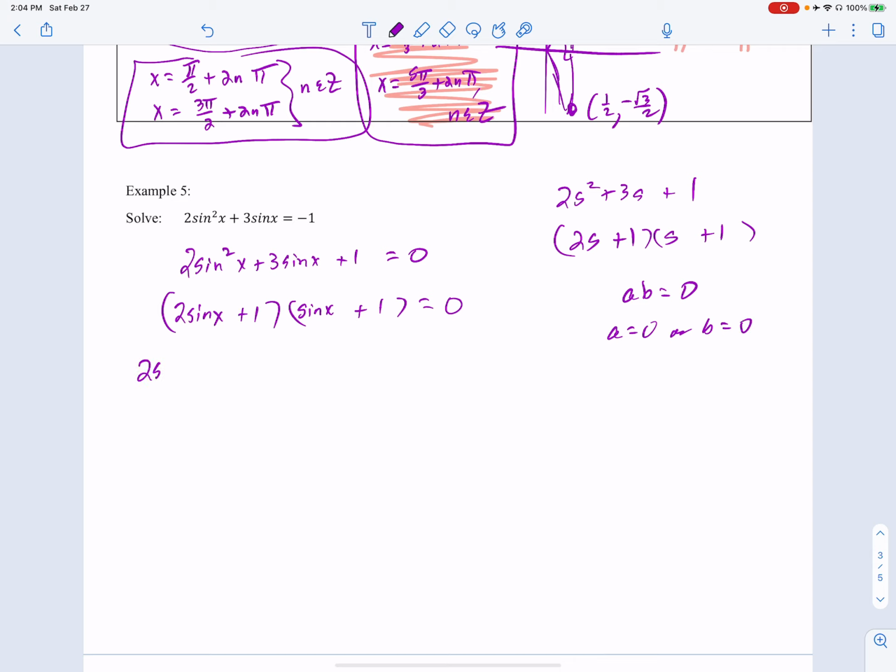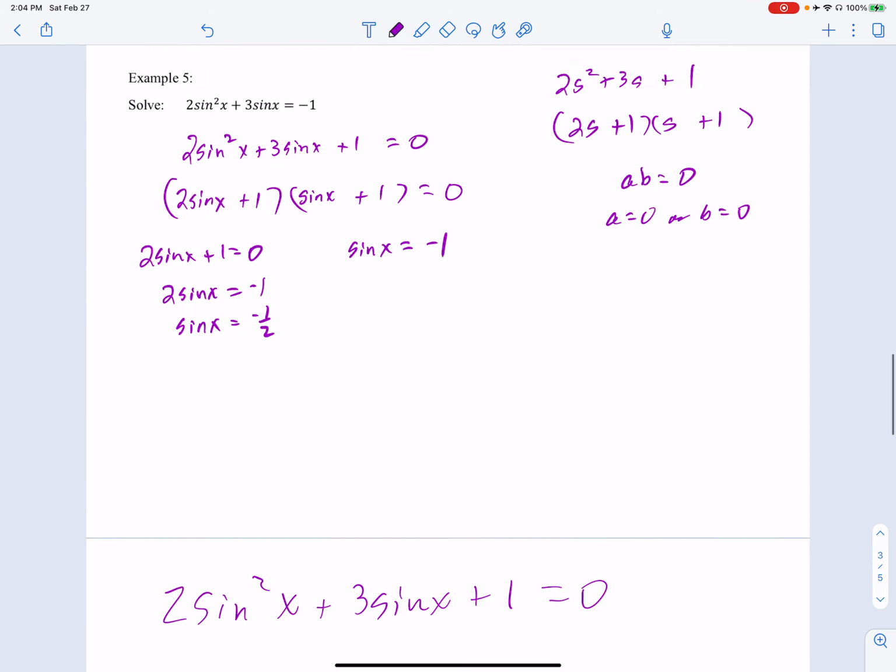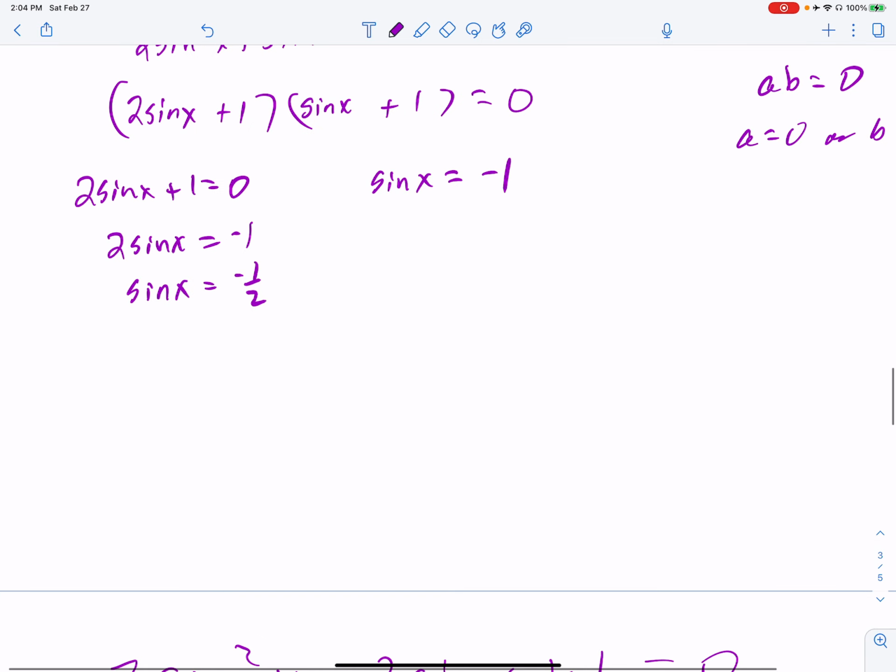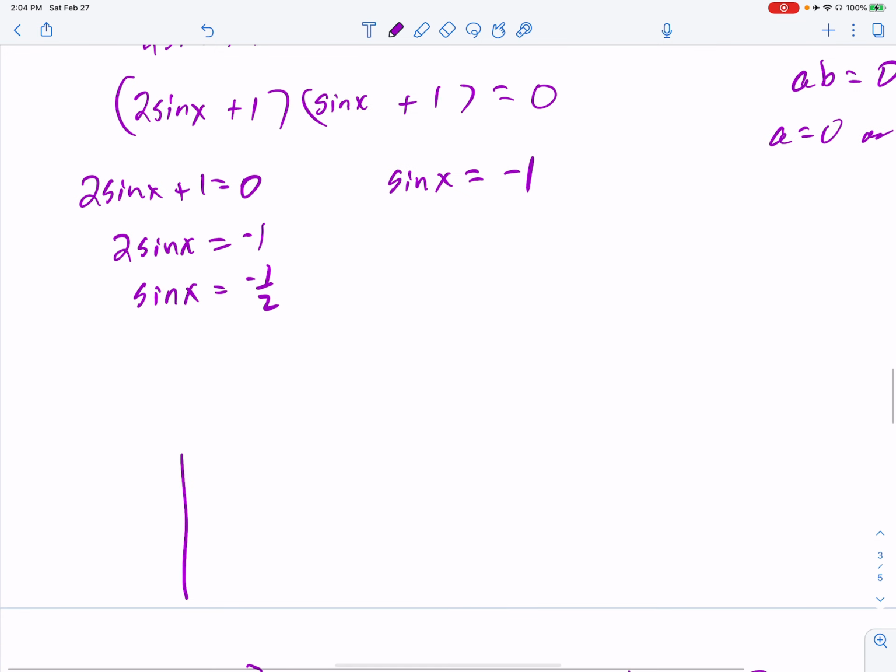So we have 2 sine of x plus 1 equaling 0, or sine of x plus 1 equaling 0, meaning sine of x equals negative 1. So on the first one, you need to solve for sine of x, isolate it, and you get sine of x is negative 1/2.